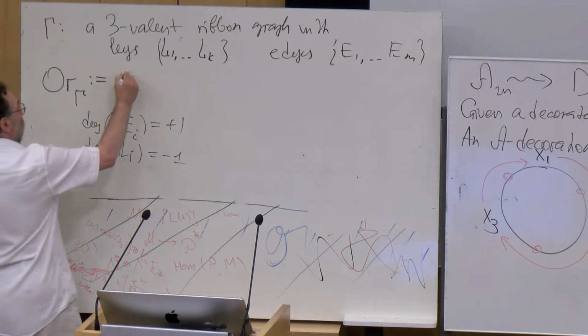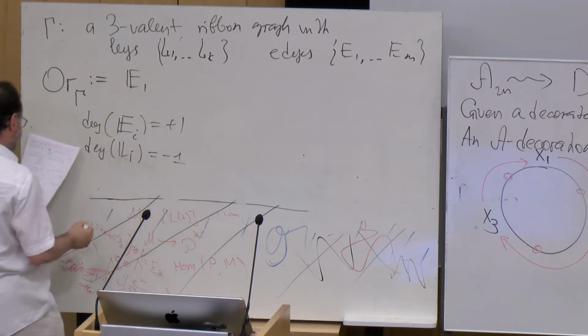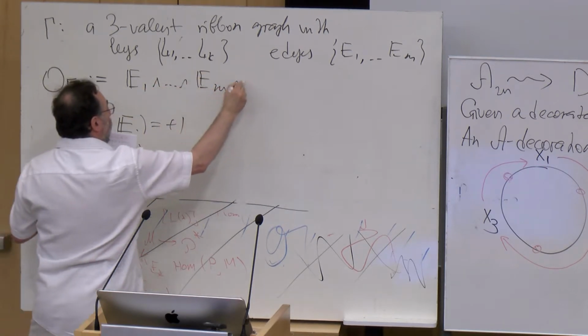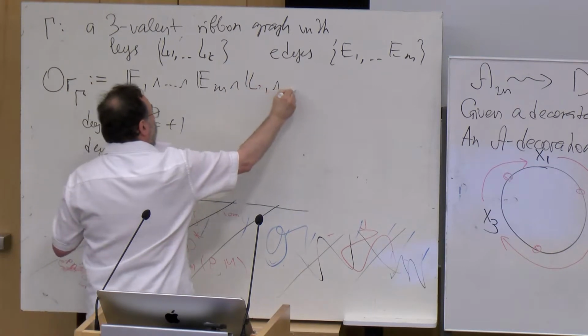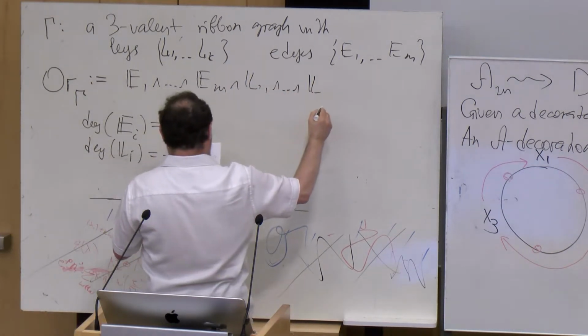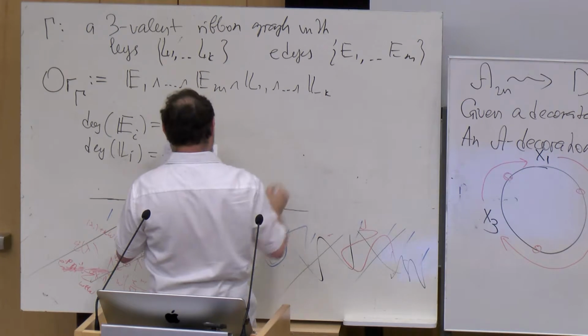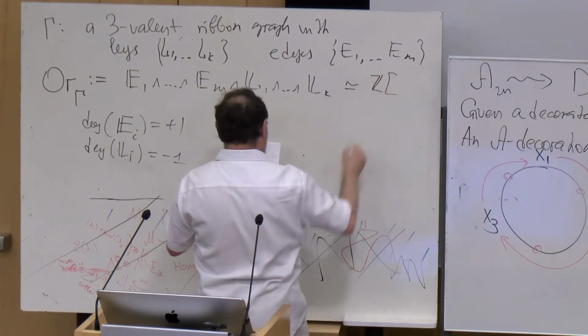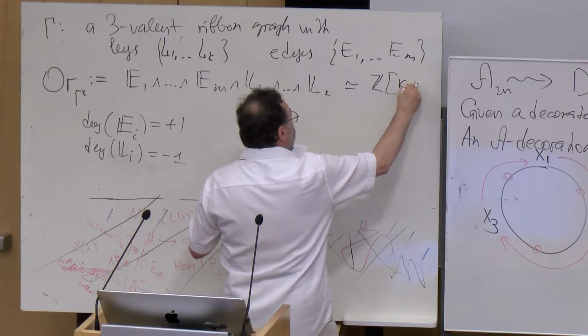And so now I take just an element of the corresponding determinant. I just write it in this way, with L1 and so on up to LK. And so this is just isomorphic to Z sitting in degree K minus M.